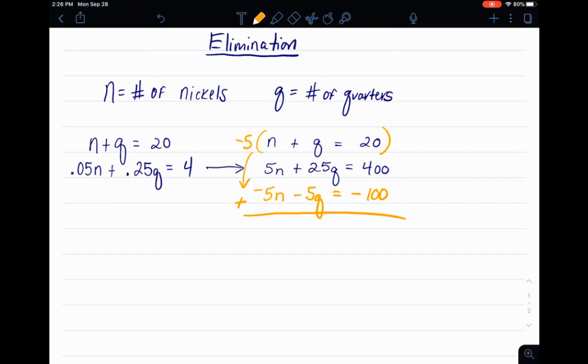Okay, and then we're going to add the 2 equations together. So what happens when I do 5N minus 5N? Okay, so these are going to cancel. What is 25Q minus 5Q? And then 400 minus 100. 300. Okay, then we divide by 20.